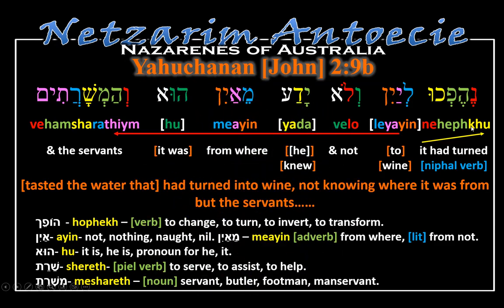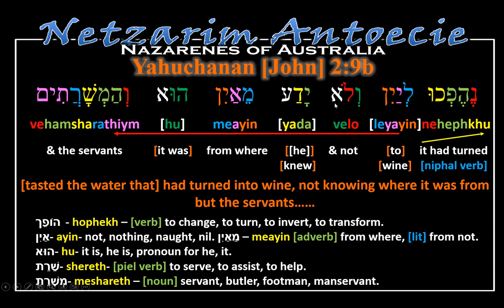And now we come to part B of 9. And we have a nun, hey, fei, because there's no dot in it, so it's a fei, kaf, vav. Lamed, yod, nun sofit. It's a nun at the end of a word, because it's different than a normal nun.